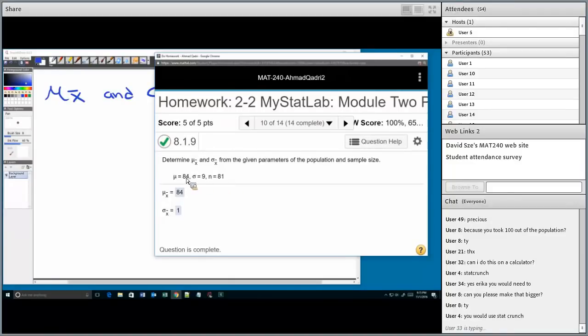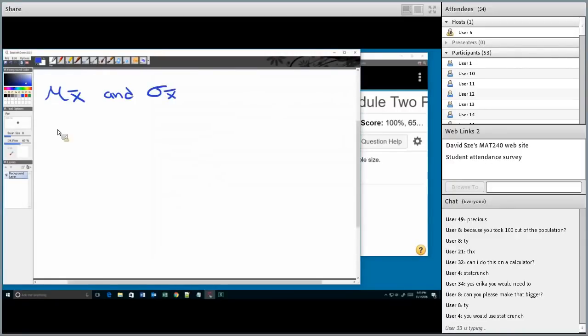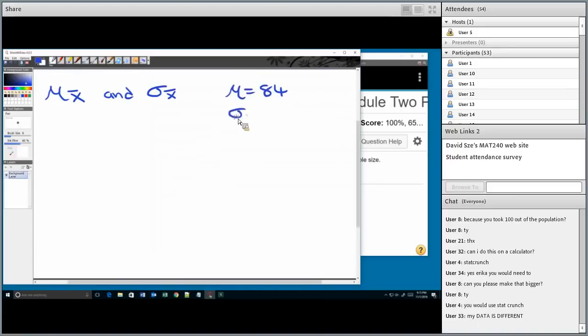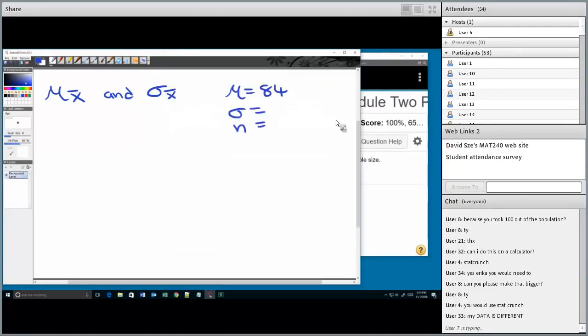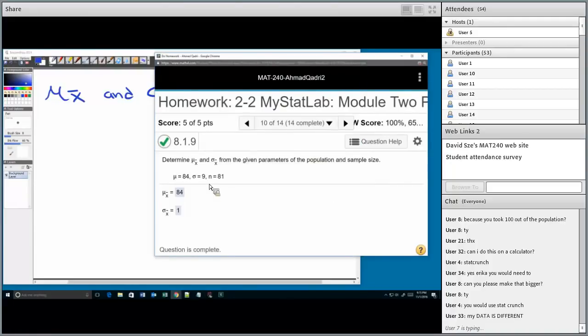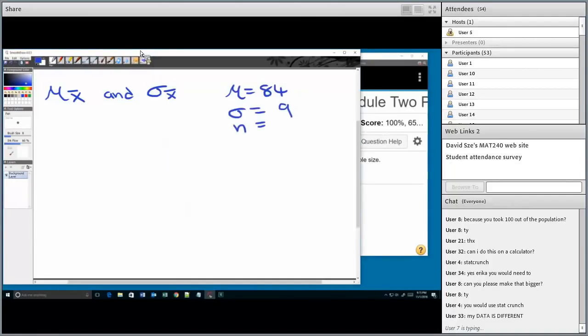The population mean is 84, so mu is 84. Sigma is 9, and n is 81.